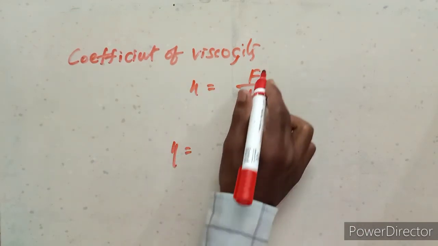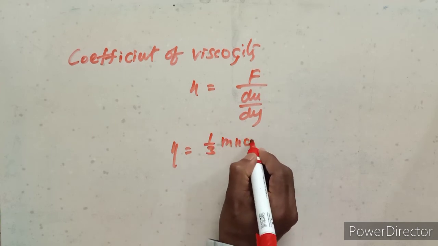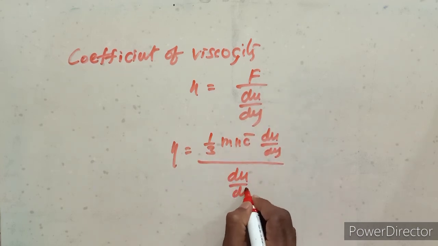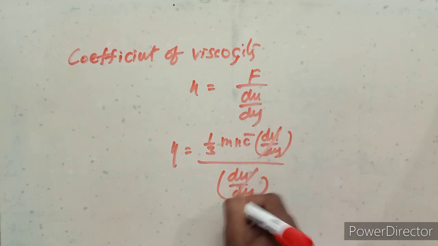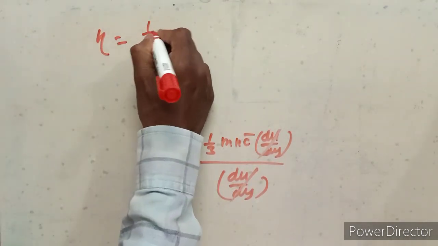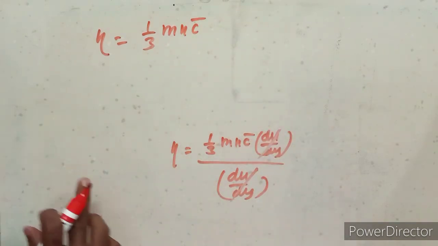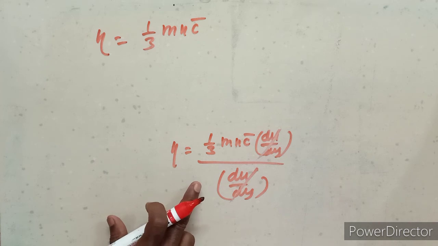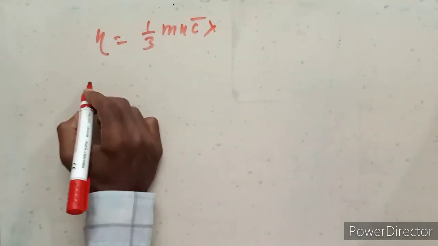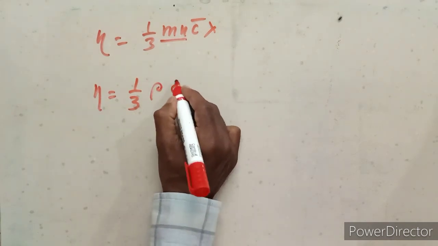So eta equals F, which we already know is 1 upon 3 m n c bar lambda du upon dy, upon du upon dy. Here du upon dy cancels. Remaining is eta equals 1 upon 3 m n c bar lambda. Here m n is rho, so eta equals 1 upon 3 rho c bar lambda.